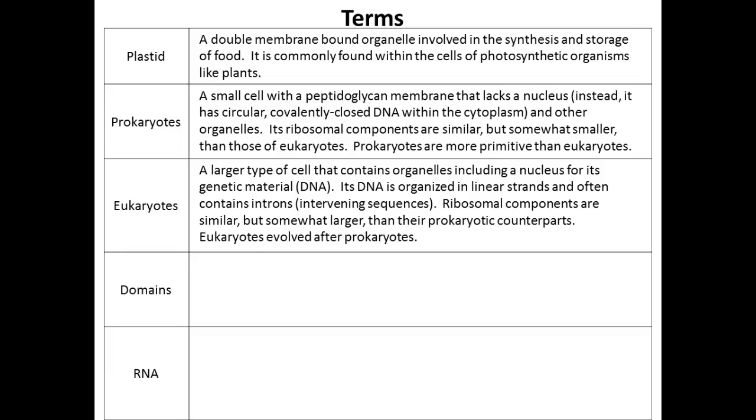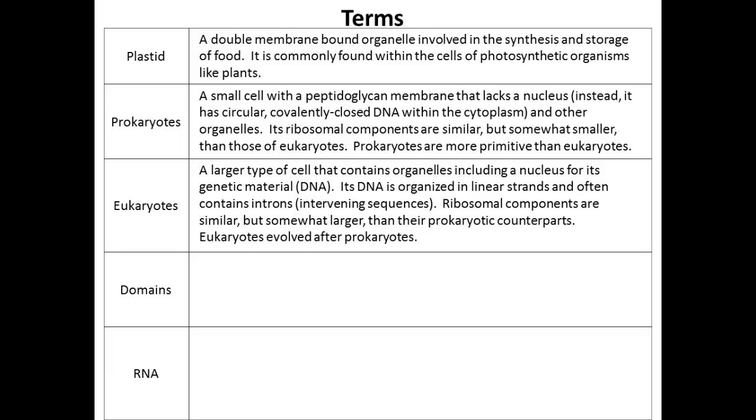Eukaryotes are a larger cell type, and that's one of the nice things today: they'll be very easy to visualize under the microscope, most of them. And most of the time we'll see a nucleus, right? This membrane-bound area that contains the genetic DNA. It can be in linear strands and often containing introns, which are intervening sequences in the DNA. This is not seen in prokaryotes.